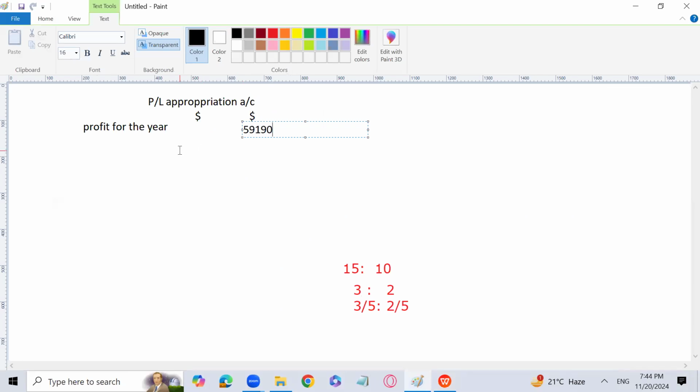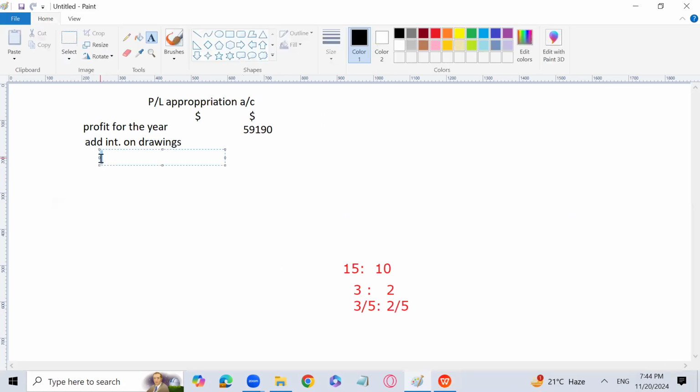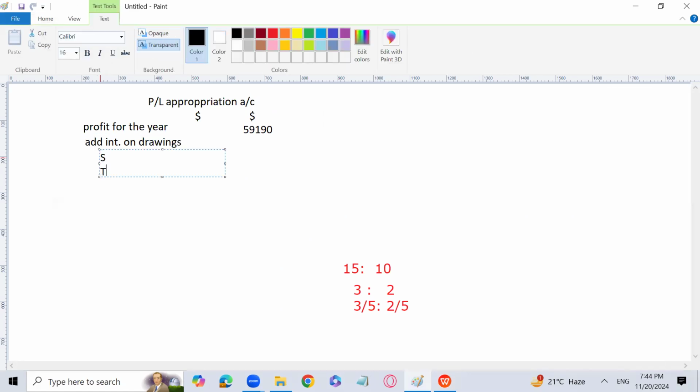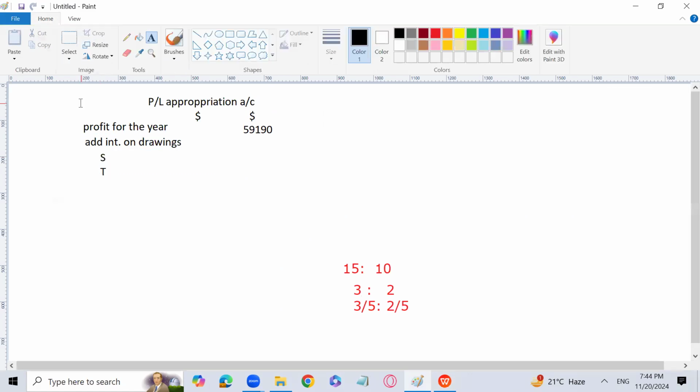If there will be interest on loan, I would have subtracted it, and interest on partner's loan will also come on the credit side of the partner's current account. We will add interest on drawing, obviously, S and T. So this is the most important point regarding this question, other than the balance sheet.